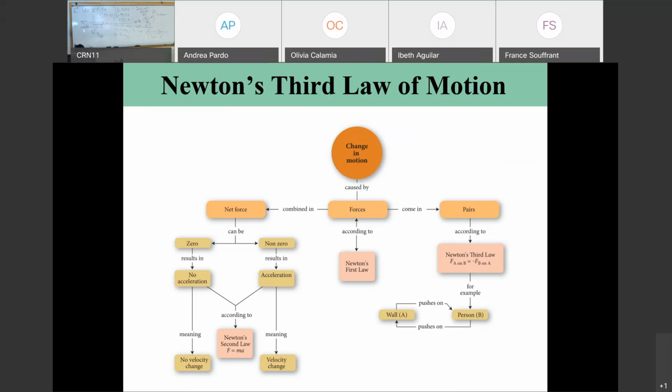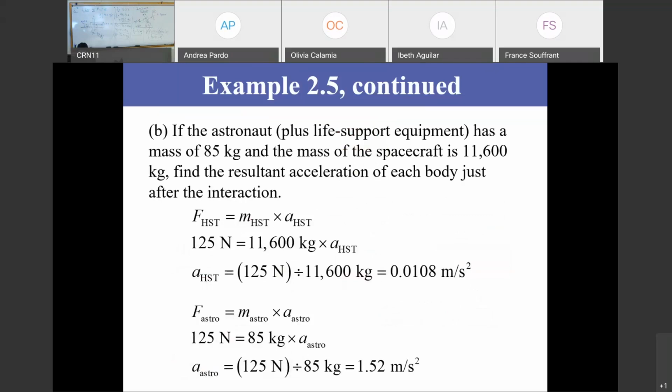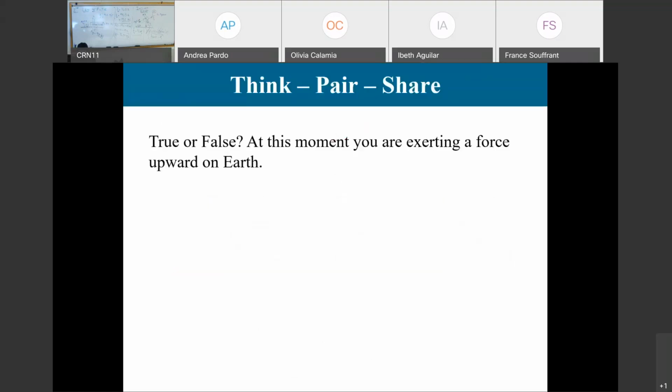Okay? Acceleration implies a change in velocity. And Newton's second law, as you have it there, force equals ma. All right? So this is a nice diagram there, to summarize what we've been doing.